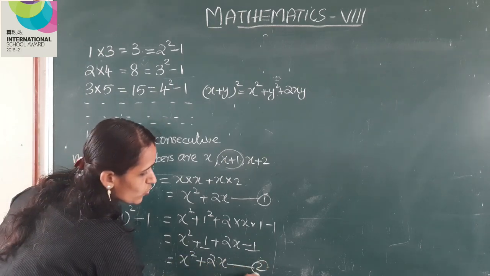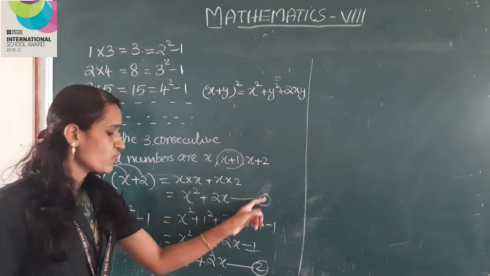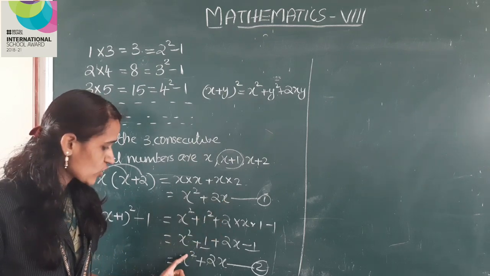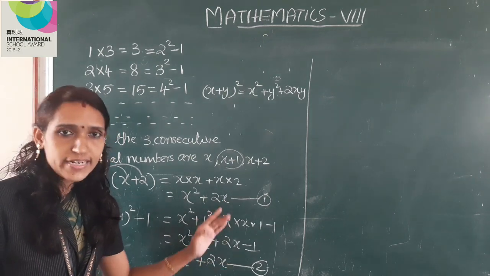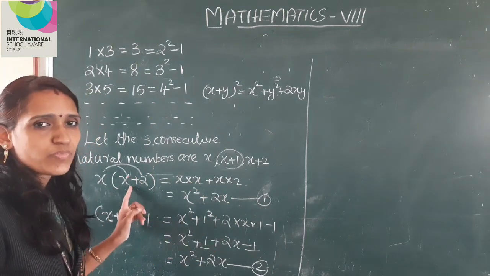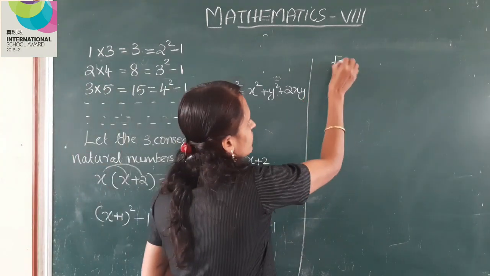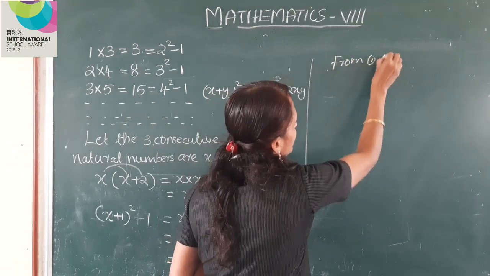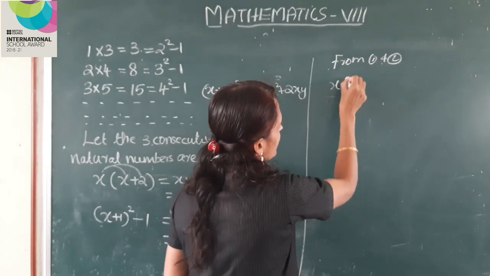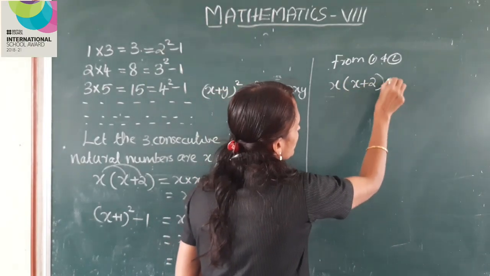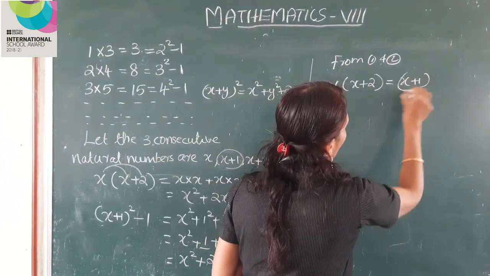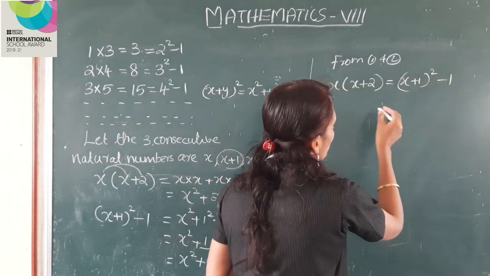Mark it as 2. From equations 1 and 2, the right side is x square plus 2x in both. The right sides are equal, so we equate the left sides. From 1 and 2, we get x into x plus 2 is equal to x plus 1 whole square minus 1.